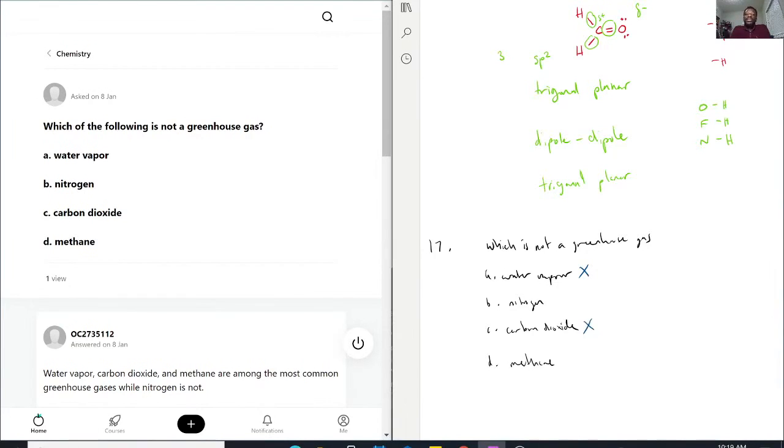And now for the last one, methane. Funny enough, this is the sneaky one. Methane is also, I guess, when fruits ripen and such, this is actually one of the gases that they produce as they're ripening.